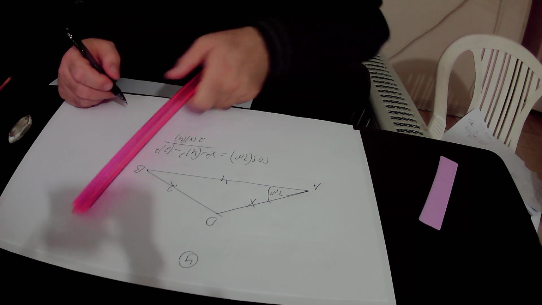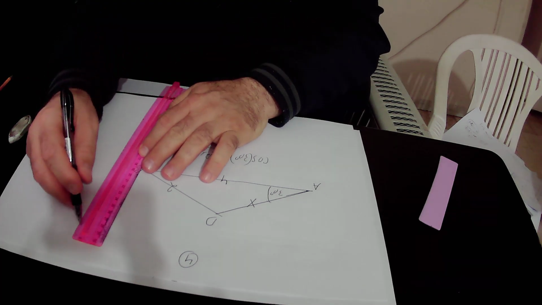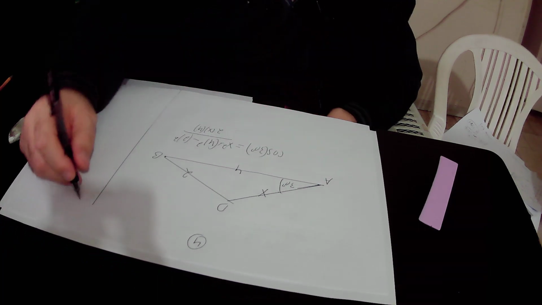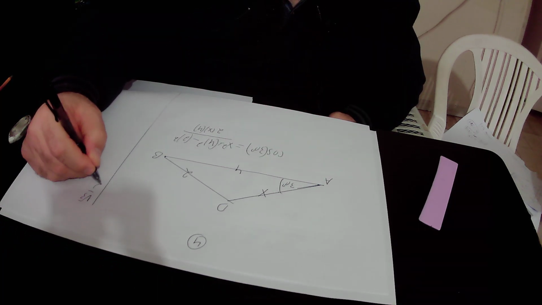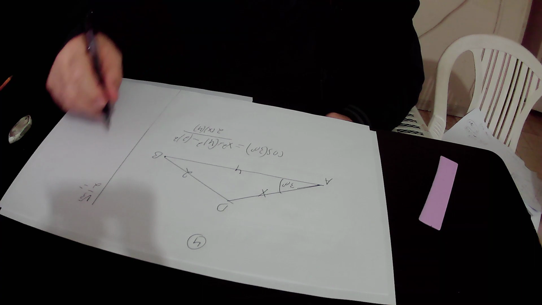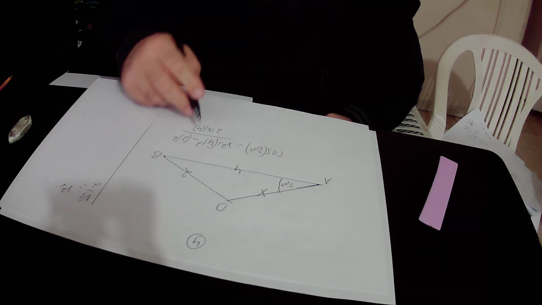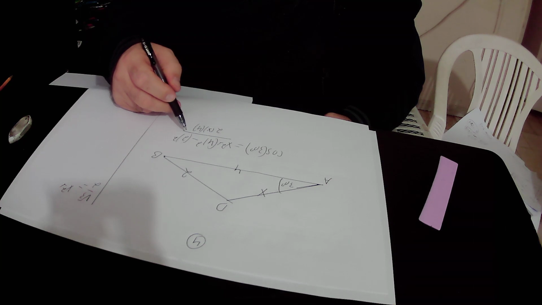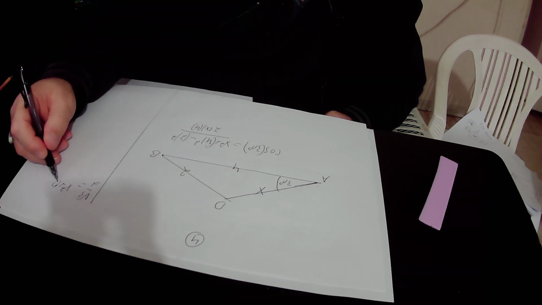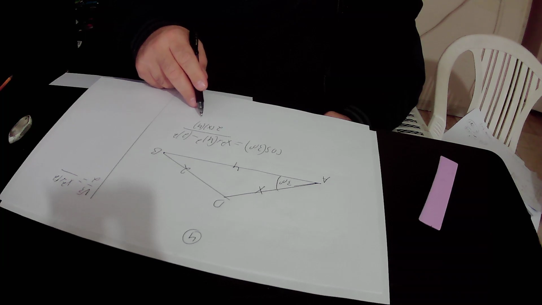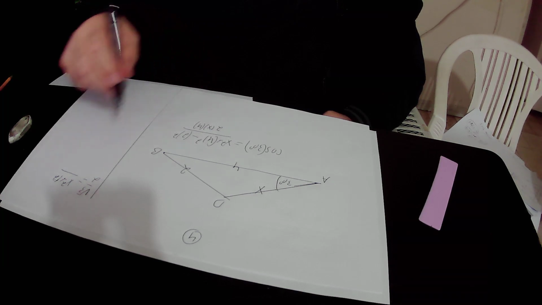And we know that cosine 30 degrees is square root of 3 over 2. And it equals x squared plus 4 squared, which is 16, minus 2 squared, which is minus 4. 16 minus 4 is 12. And in the denominator we have 2 times 4, which is 8, and 8 times x is 8x.